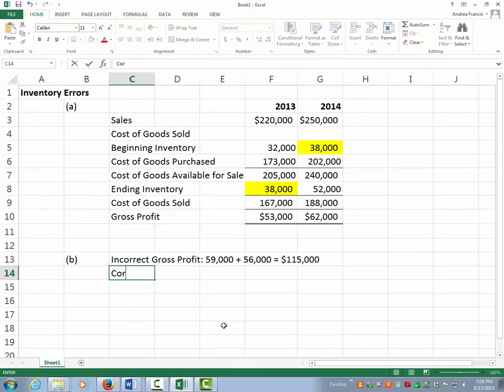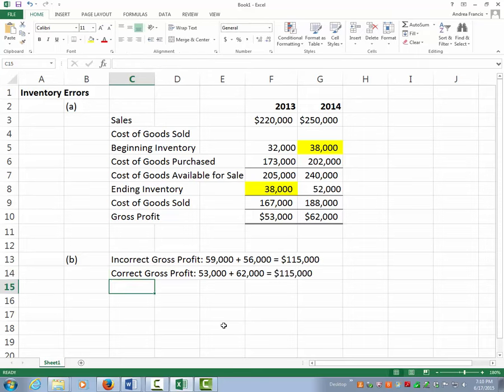And then when we look at the correct gross profit based on the new numbers that we calculated, we have 53,000 plus 62,000, and look at that, right?